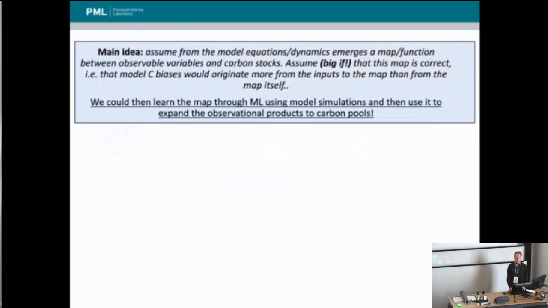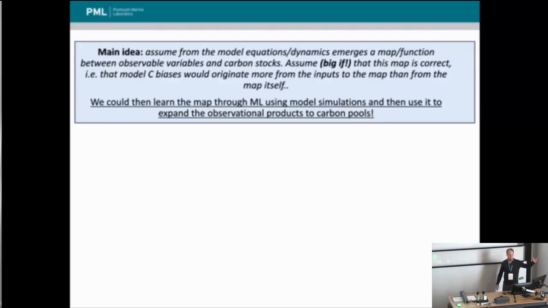So the idea here is, what if we decided that we trust the model to provide a reasonably correct map between what we call observable quantities and these carbon pools? This map is an emergent property of the model that contains all the hydrodynamics and all the biological processes that are modeled by the model.